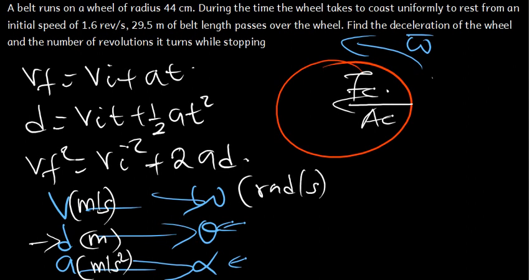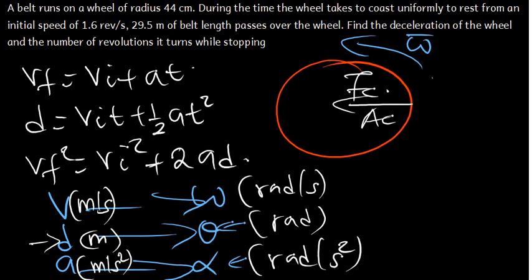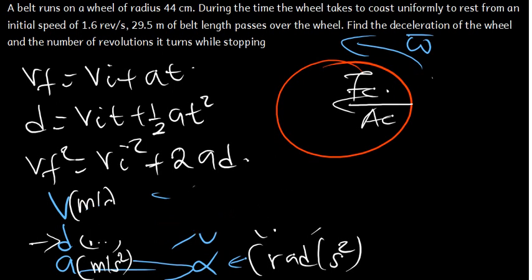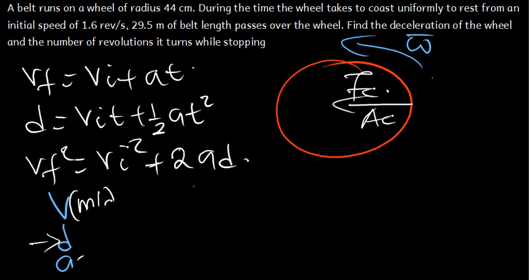Sometimes in some books they're going to tell you that it is in revolution per second. The SI unit for angular displacement is just basically rad. Then the angular acceleration is rad per second squared. As simple as that.